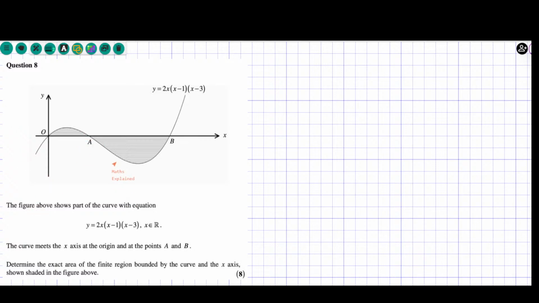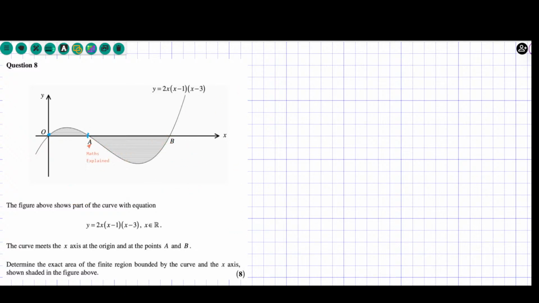All right, another area. I think this one will be a little bit easier because there's no translating, there's no intersection point below the x-axis, which is sometimes tricky. All we really need to do here is find the area from 0 to A and then from A to B and add those together.